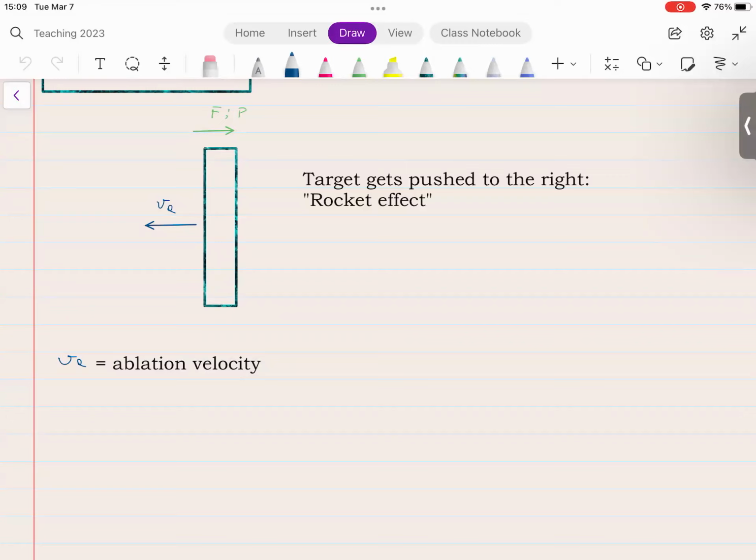So you can work out the details of the calculation. You'll remember that you're going to have a log of initial mass to final mass that appears in the velocity of the rocket as a function of time.